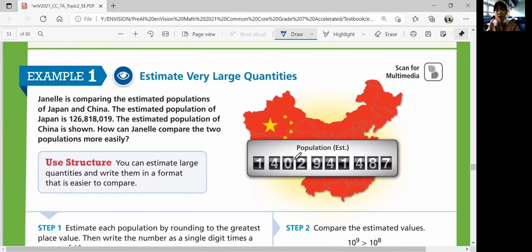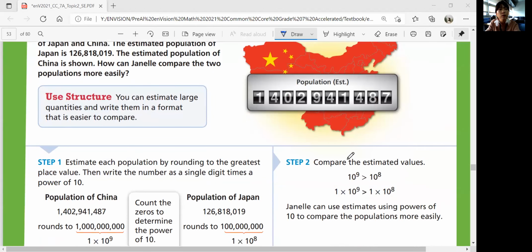Janelle is comparing the estimated populations of Japan and China. The estimated population of Japan is 126,818,019. Wow, that's a big number. The estimated population of China is shown, an even greater number. How can Janelle compare the two populations more easily? Okay, first you're going to estimate each population by rounding to the greatest place value.